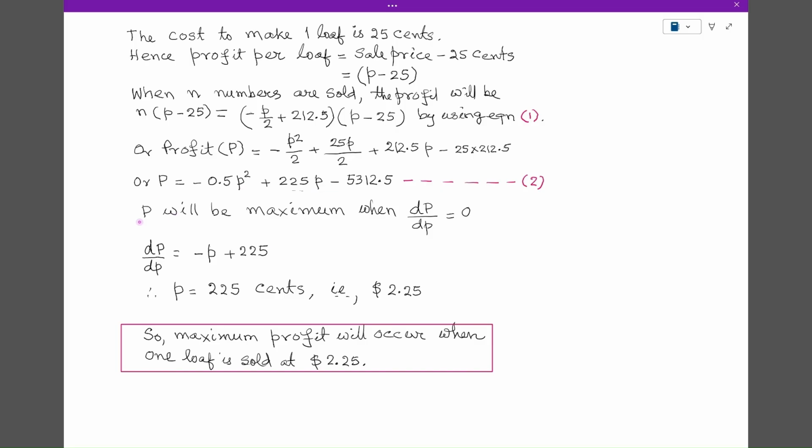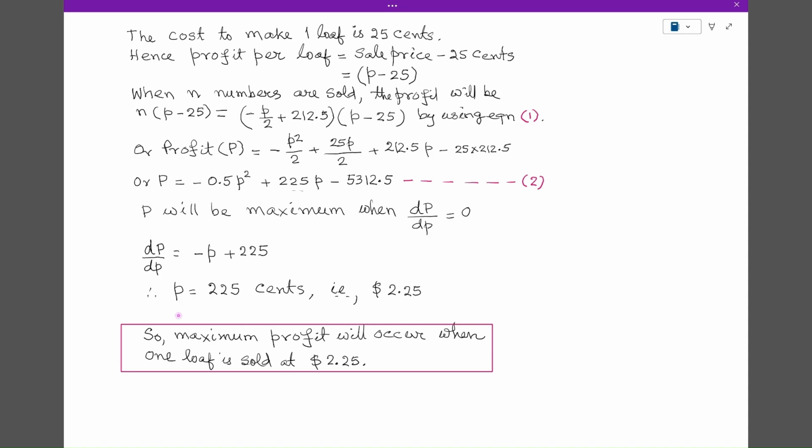So the profit capital P will be maximum when dP by dp is equal to 0. By differentiating this equation with respect to lowercase p, we get dP by dp equals minus p plus 225.